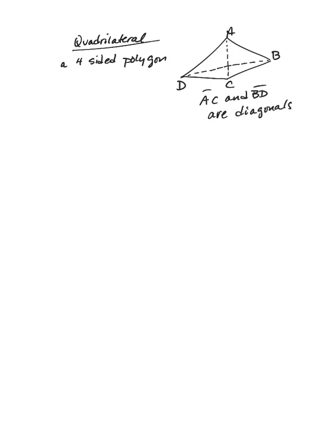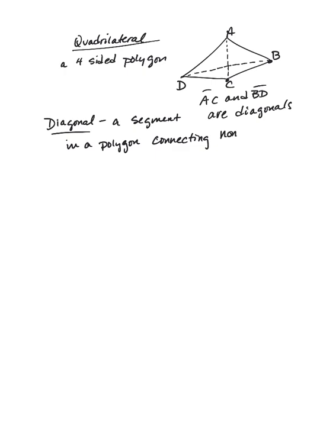So what diagonals do is they connect non-consecutive vertices. B and C are consecutive. A side would connect them. So what a diagonal is, it's a segment in a polygon connecting non-consecutive vertices.